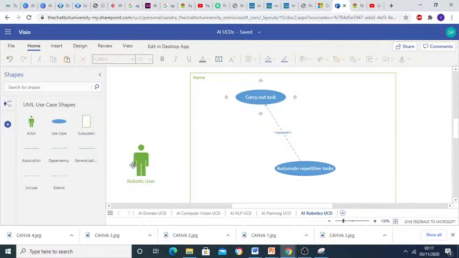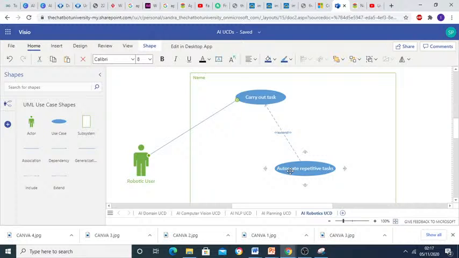So if this user associated with this use case carries out a task, that task could need human intervention. And as a result, it becomes a robotic process automation task.